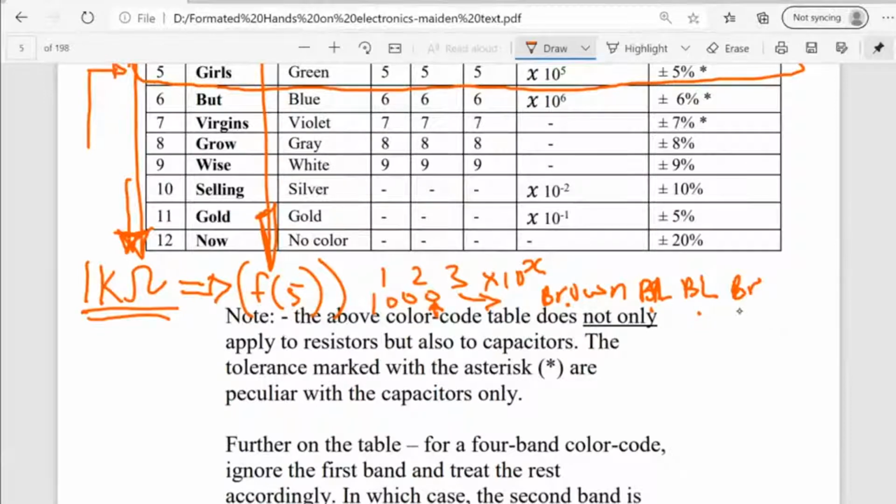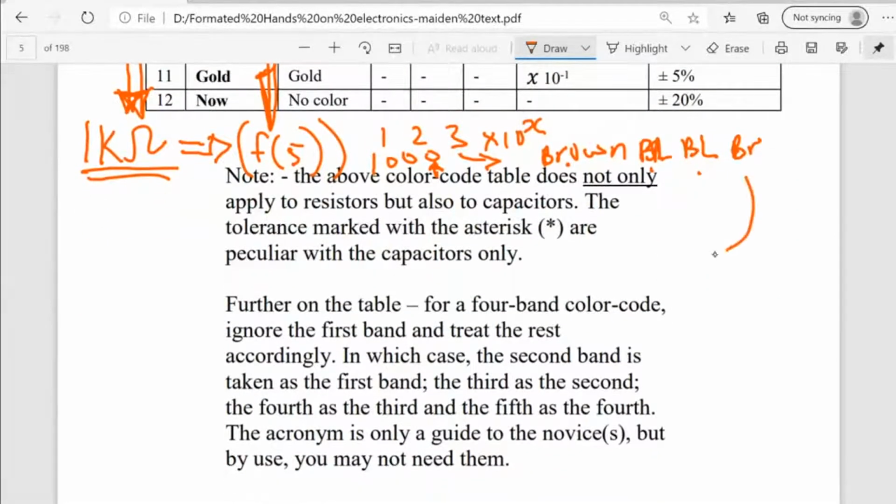If you want to go backwards to prove this, brown gives you 1. Since there are 5 bands, remember there's another band here we haven't talked about, the tolerance band, right? So brown gives you 1, black is 0, everyone knows that. Another black is also 0. The fourth one is the decimal multiplier.